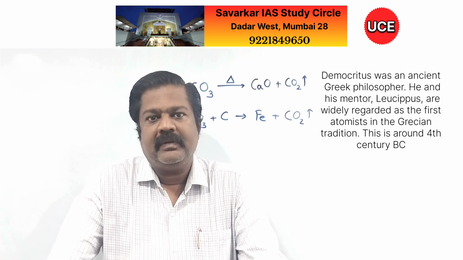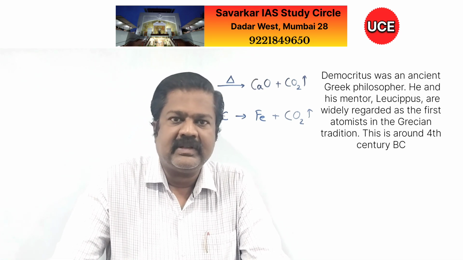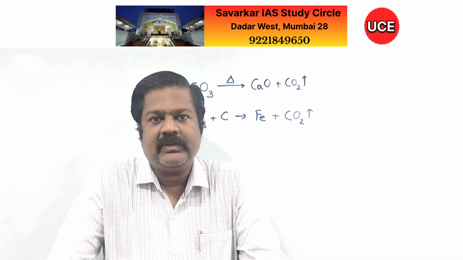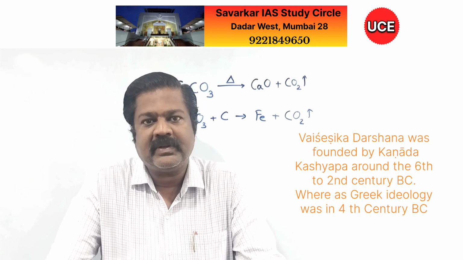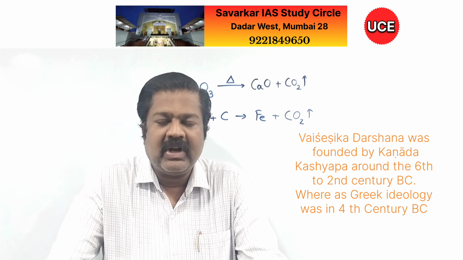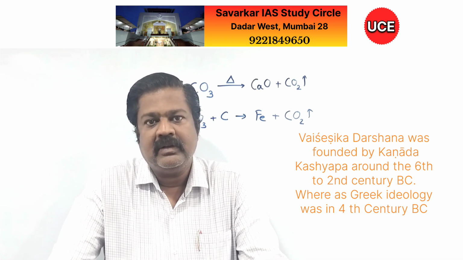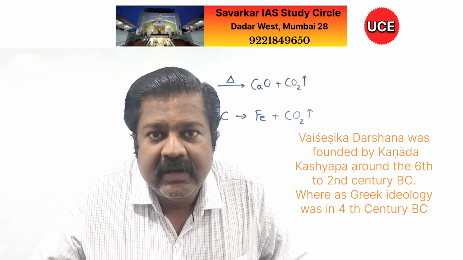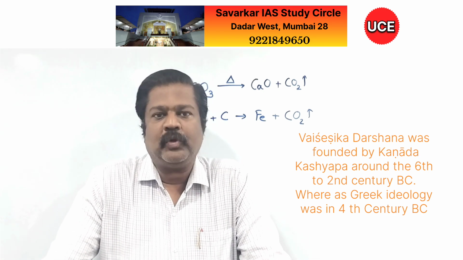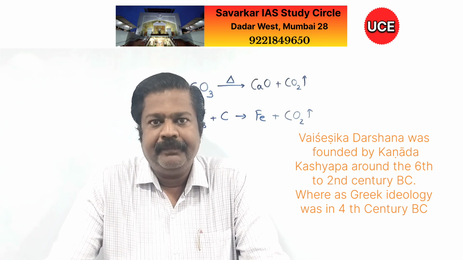In India, a similar theory was discussed in the literature called Vaisheshik Darshan, given by a great person named Aulukya, but later he became famous as Kanad. So the concept of atoms was there.